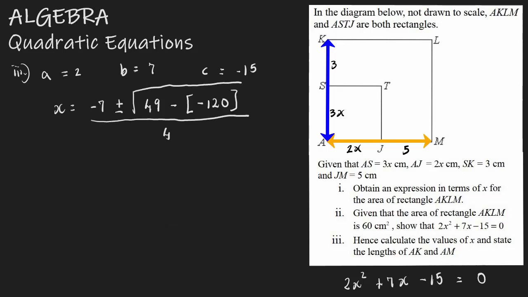Simplifying my equation, x is equal to negative 7 plus or minus the square root of 49 minus negative 120, that is equal to 169, all over 4. x is therefore equal to negative 7 plus or minus the square root of 169, that is equal to 13, all over 4.